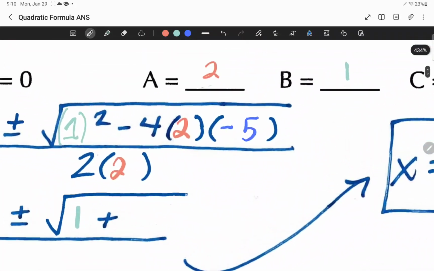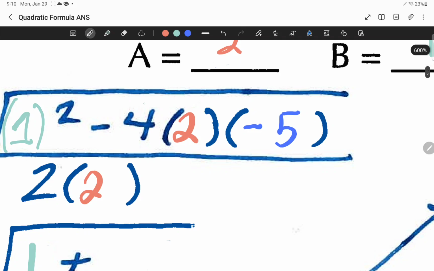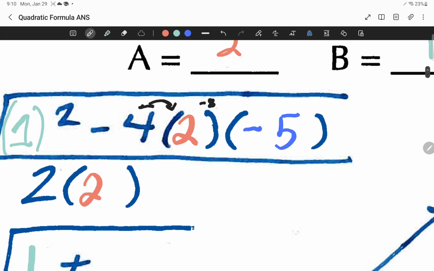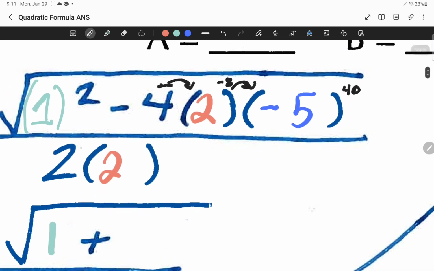Okay, so now we're going to grab this -4 right here, and that one's going to multiply with a 2. So -4 times 2 is equal to -8. Now, -8 is going to multiply with a 5, which is going to give me positive 40, right? I believe so. So that's what we're going to get. So it's -2, that's -8, and -8 times -5 is positive 40.